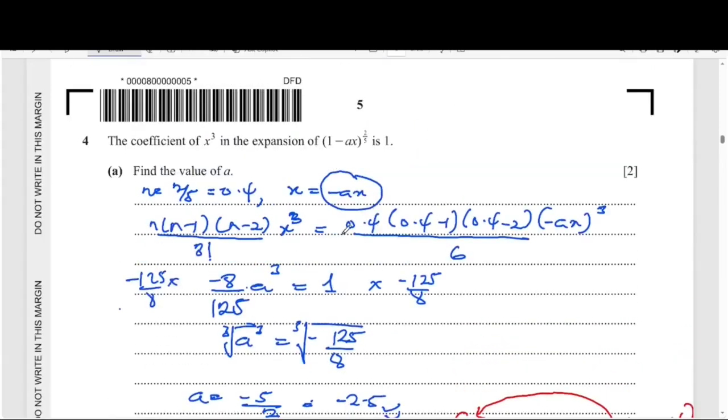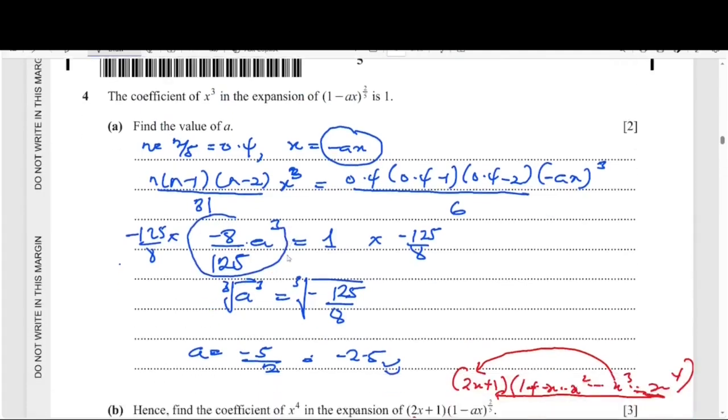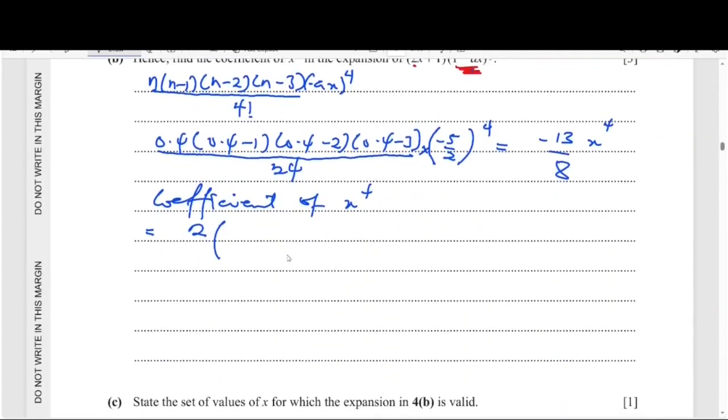Realize the coefficient of that is over here. We had negative 8 over 125 a cubed. A has already been found.